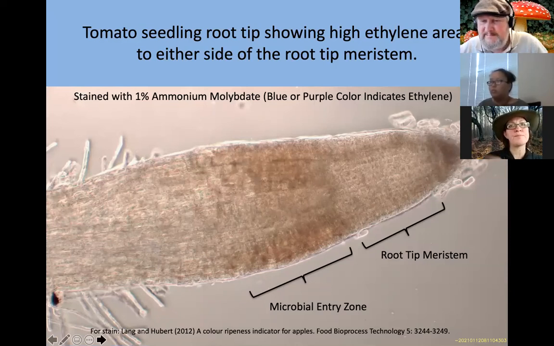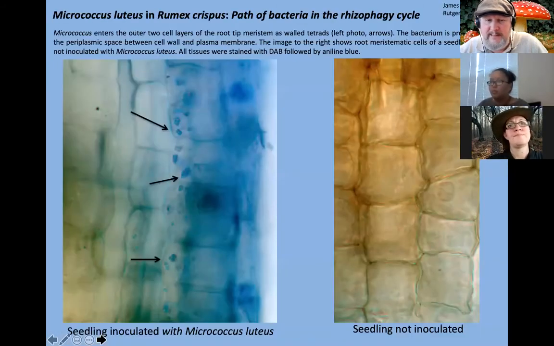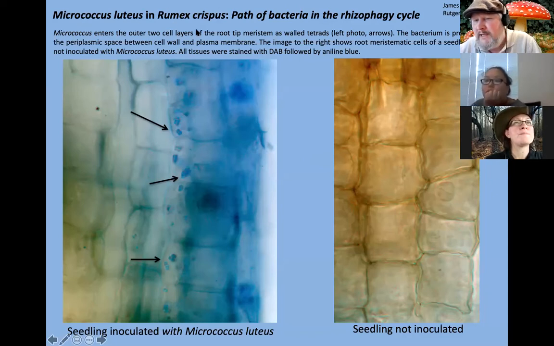This happens to be stained for ethylene, but we can see where those microbes are going in because they're producing ethylene. These images show an experiment where we put that Micrococcus, that tetrad-forming bacterium, into Rumex crispus, which is a common weed that we have around.